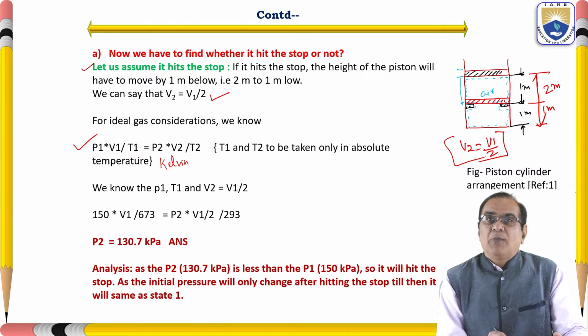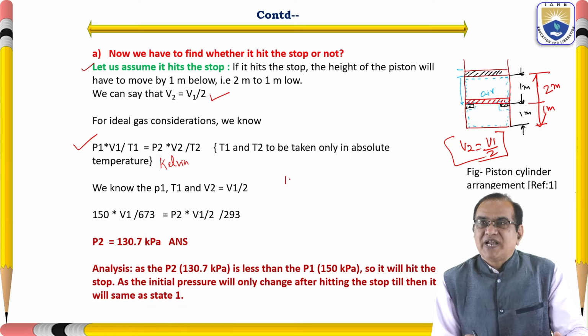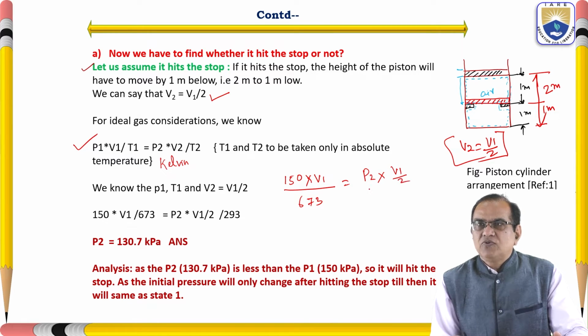So if we put in these values, P1 is 150 into V1 divided by T1, which is 673, is equal to P2, which we have to find out, and V2 is equal to V1 by 2 divided by 293.